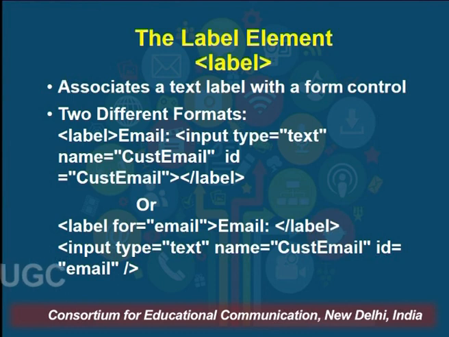You can use both these methods to insert a label along with your form control. The label will only have the information, a prompt for the user to know what type of information is being asked to be filled in that particular control, whether it is name or email or password or whatever.